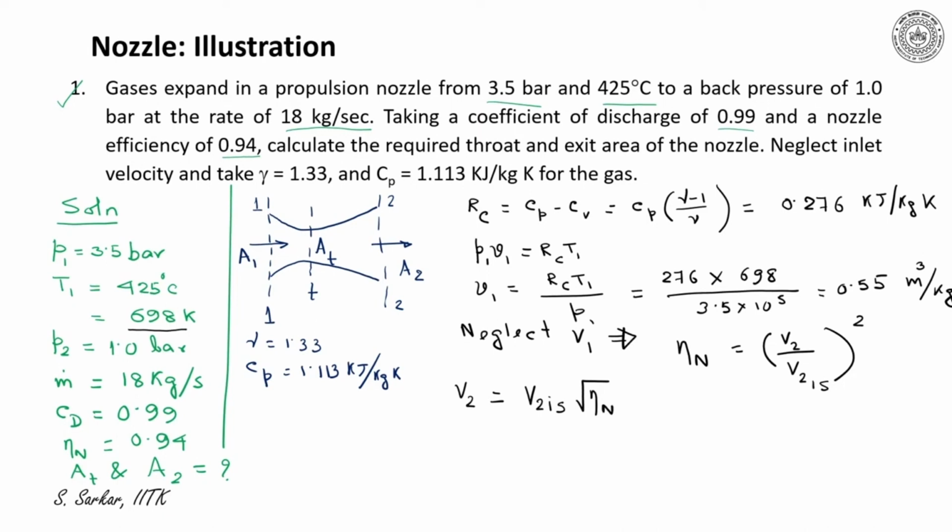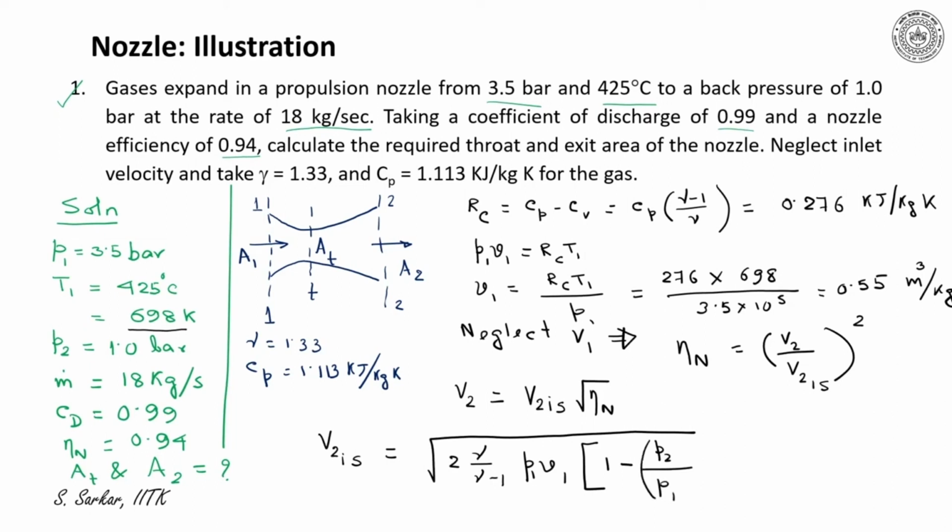Now I have derived this expression, that is V2 isentropic is equal to root over twice gamma by gamma minus 1 P1 V1 within bracket 1 minus P2 by P1 to the power gamma minus 1 by gamma.